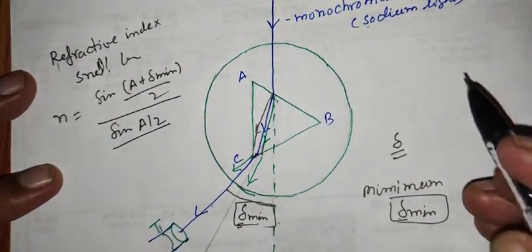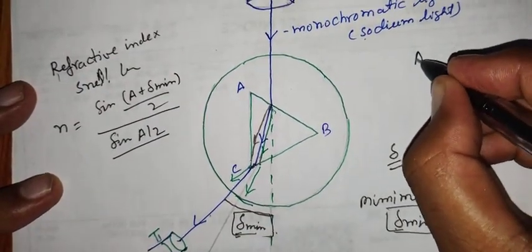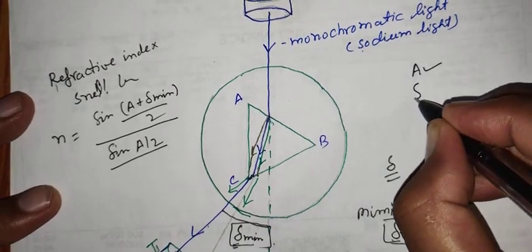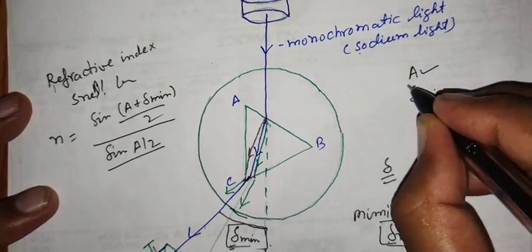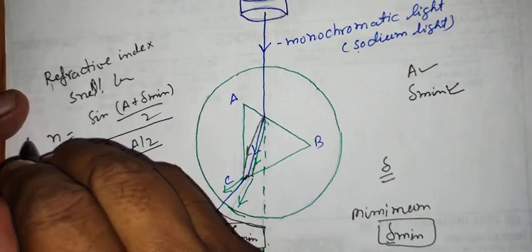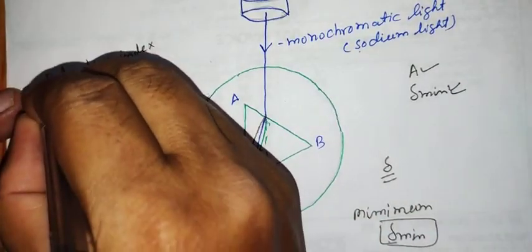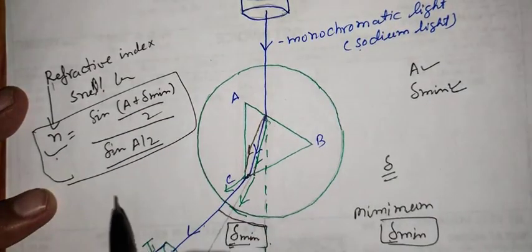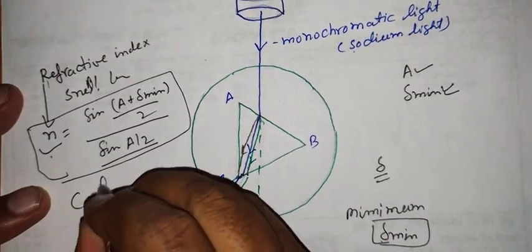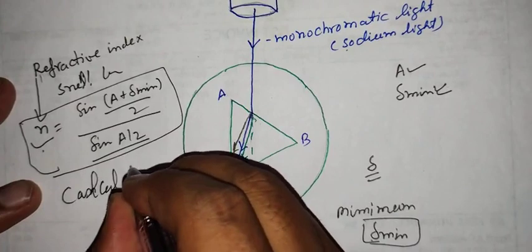So by the experiment, the values of the angle of prism and the minimum angle of deviation are measured and put in the formula, and the refractive index of the material of the prism can be calculated.